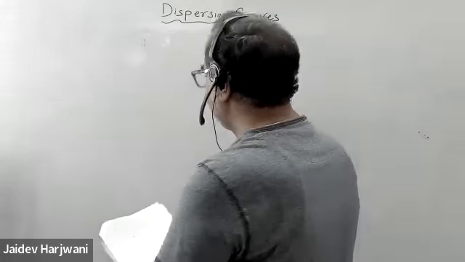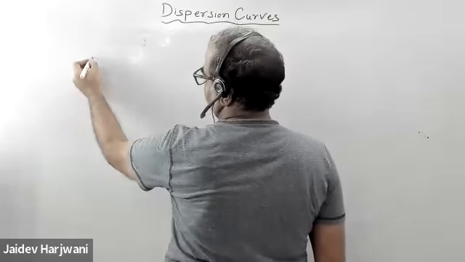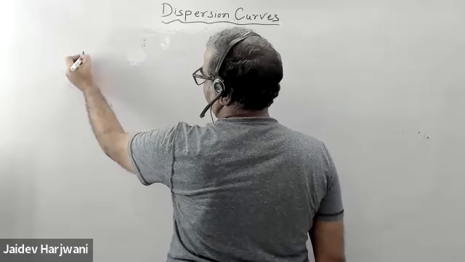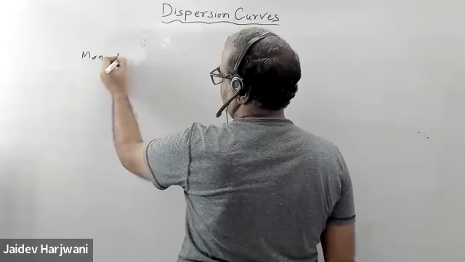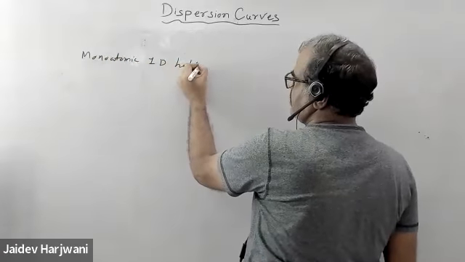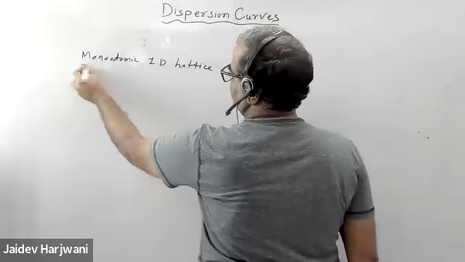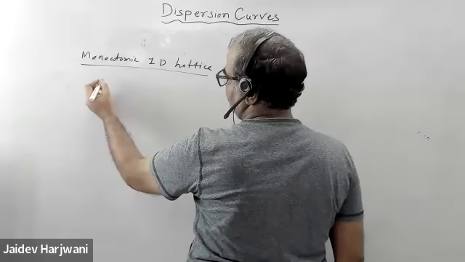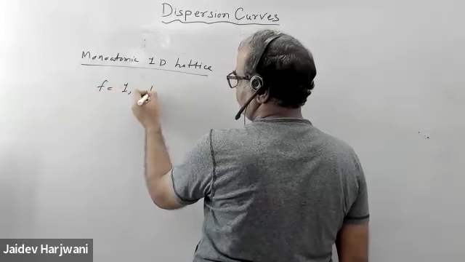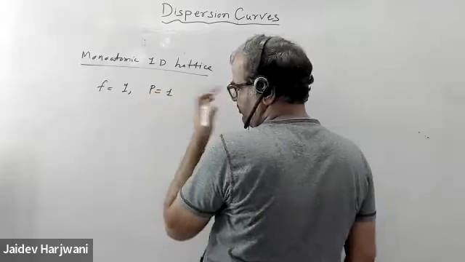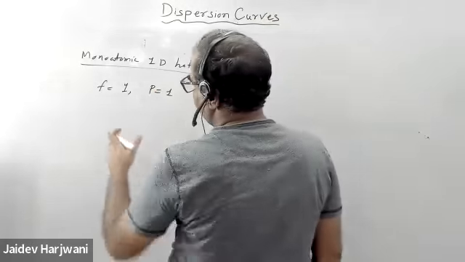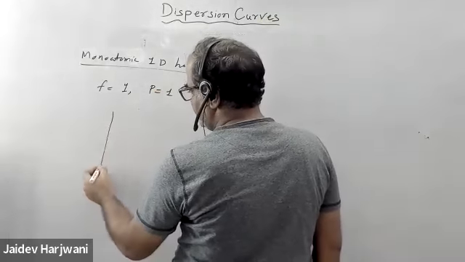For example, I have f equal to 1 and a monoatomic 1D lattice, so p is equal to 1. So f is 1 and p is 1, and the total fp will be 1 only, so we have only one branch.